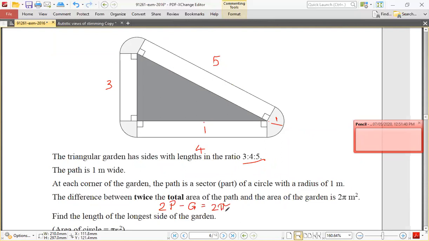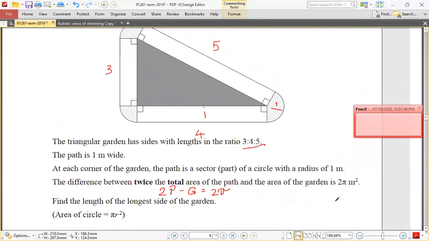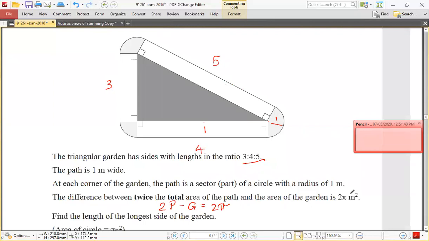You with me so far? 2 times the path minus the area of the garden. I'm just assuming area of path is p and area of garden is g. So the 2 times p minus g will give me that.